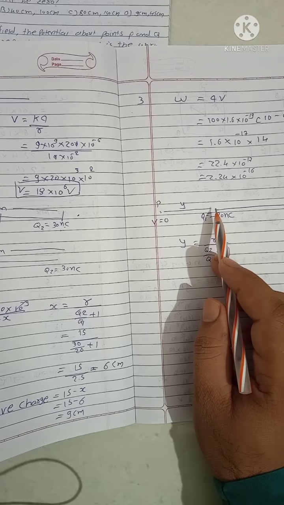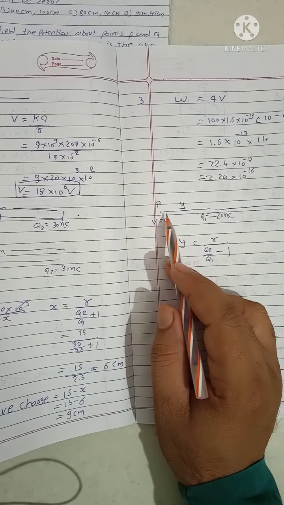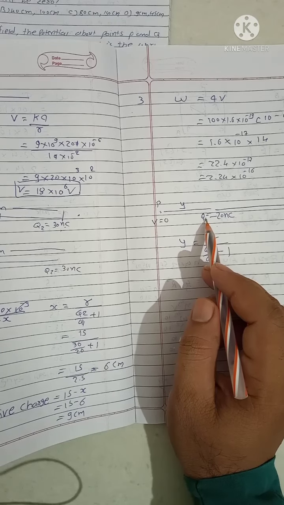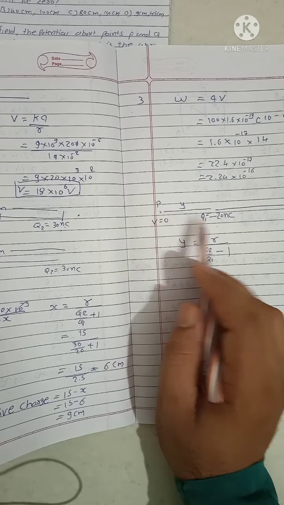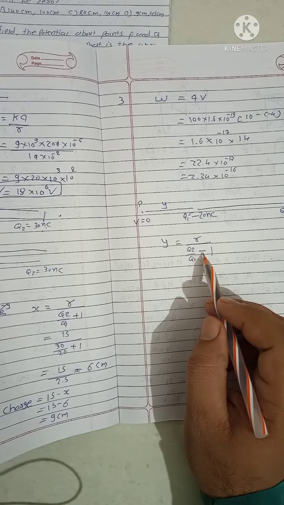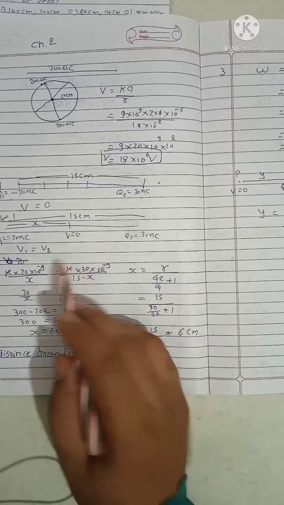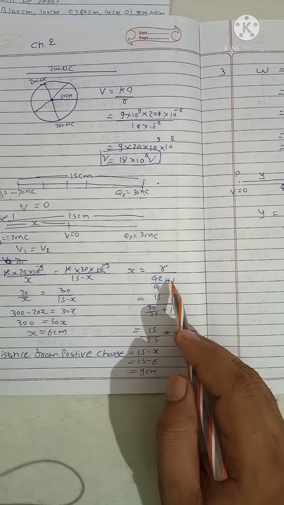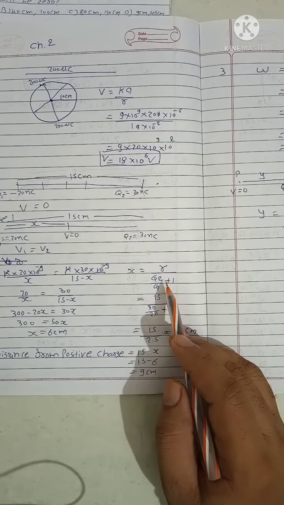We are considering a point which is outside of these two charges. So when we consider a point outside the two charges we have to take minus, and when we consider a point in between these two charges, then we have to take plus.